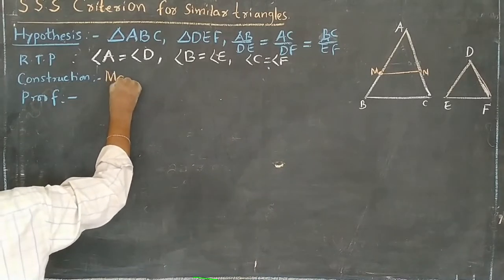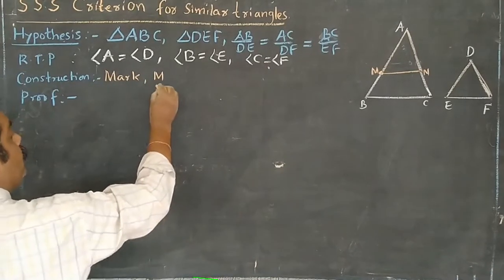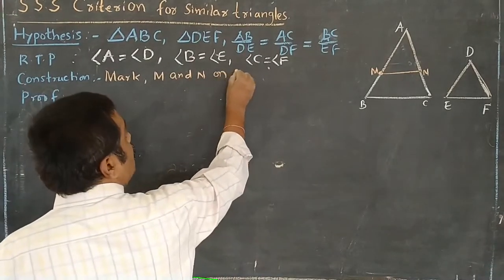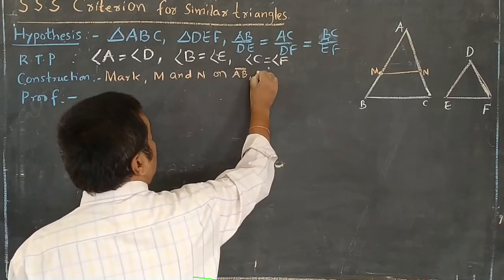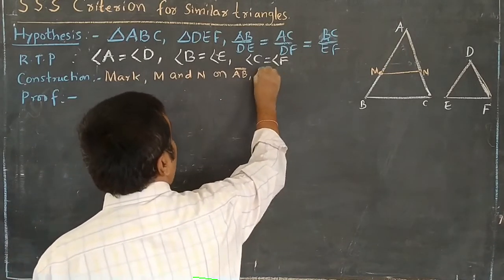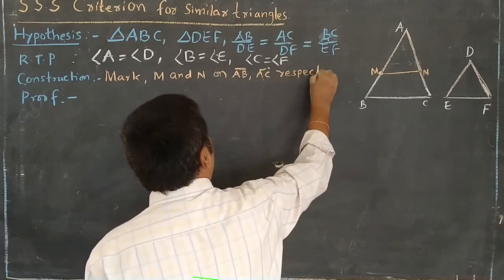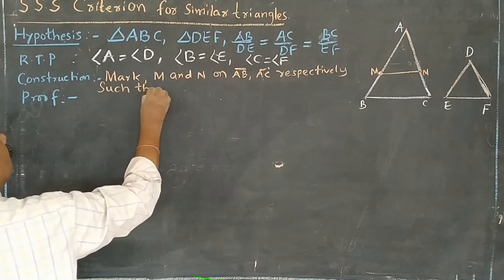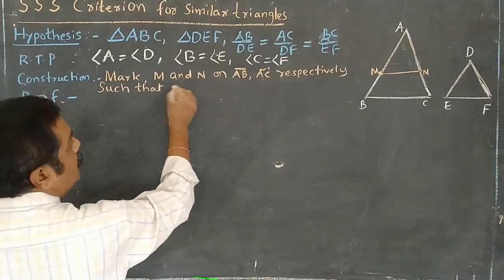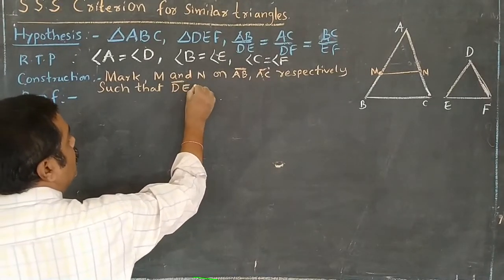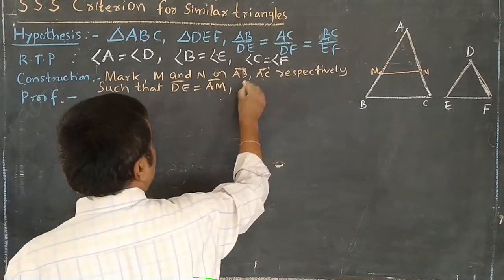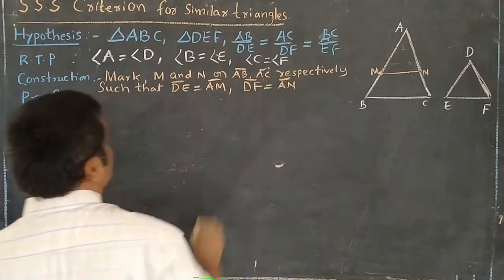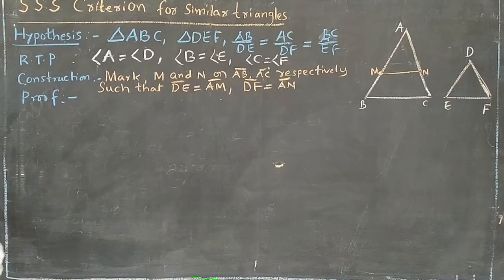Mark M and N on AB and AC respectively such that DE length is equal to AM length, and at the same time DF length is equal to AN length. I took like this. Okay, now I am going to do the proof.